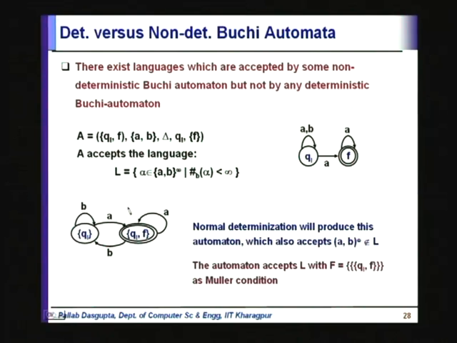Now, if we try to determinize this using our standard non-deterministic to deterministic transformation, what are we going to do? The states of the deterministic automaton are the subsets of the states of the non-deterministic automaton. That is how we determinize a non-deterministic automaton. So, if we determinize it using our classical method, this is what is going to happen.